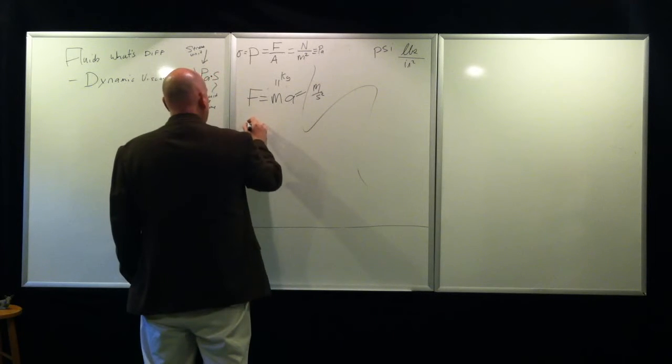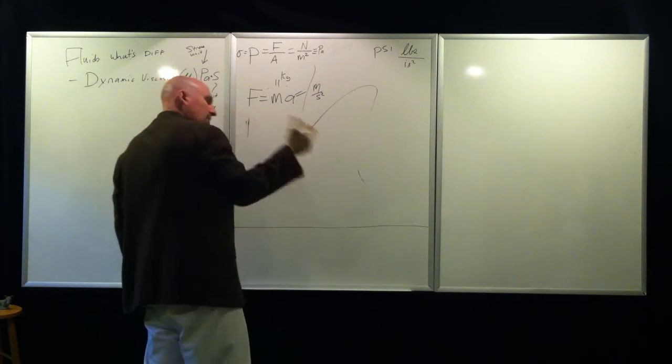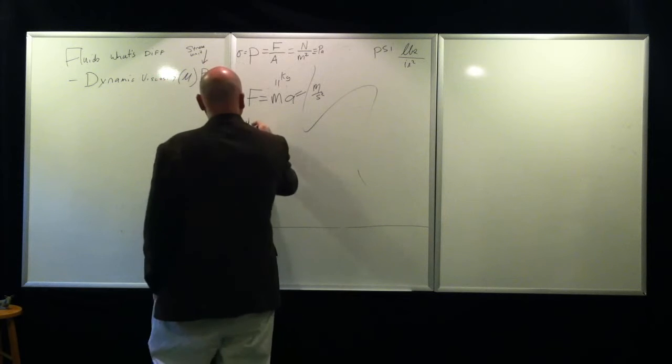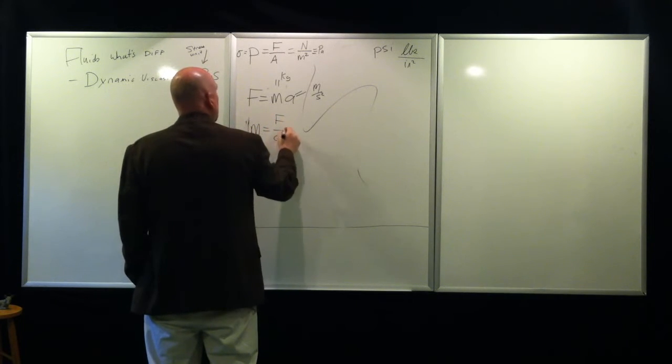So if we have a 1 Newton force and we accelerate in gravity, we're going to approximate it as 10. It's really 9.8. But the mass that would result is force over acceleration.